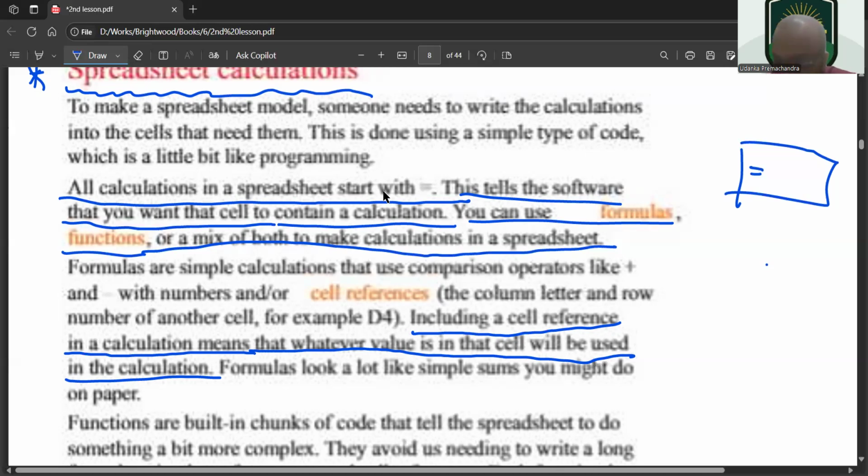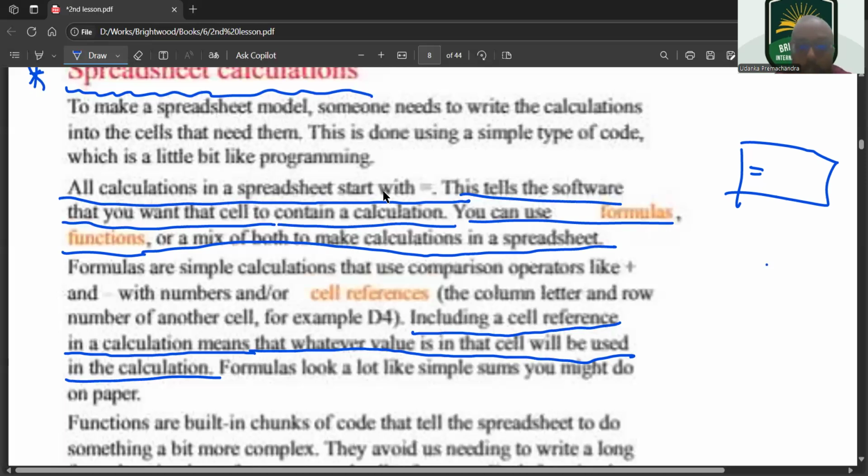So including the cell references in the calculation means whatever value in that cell will be used in the calculation.